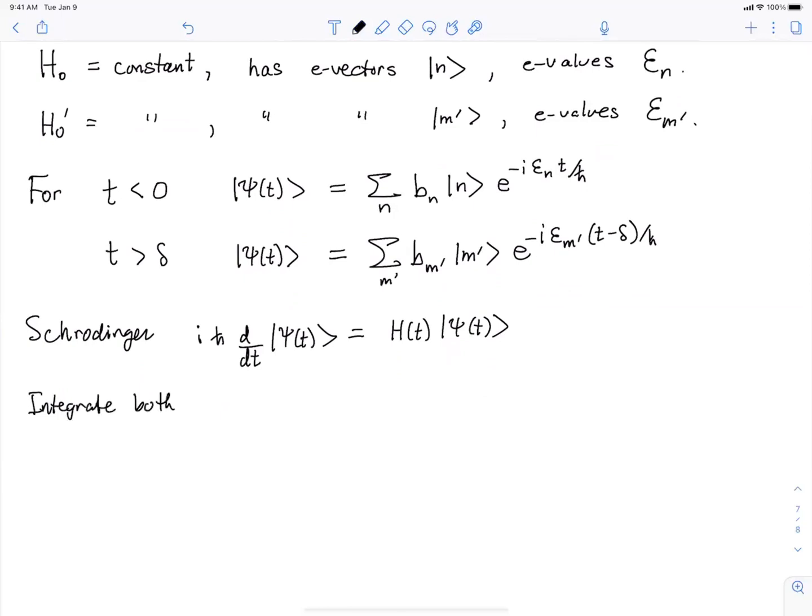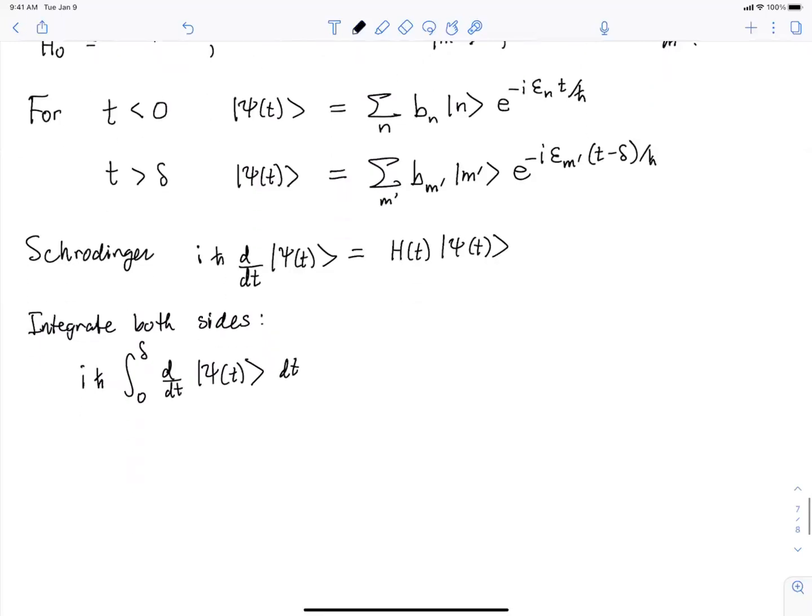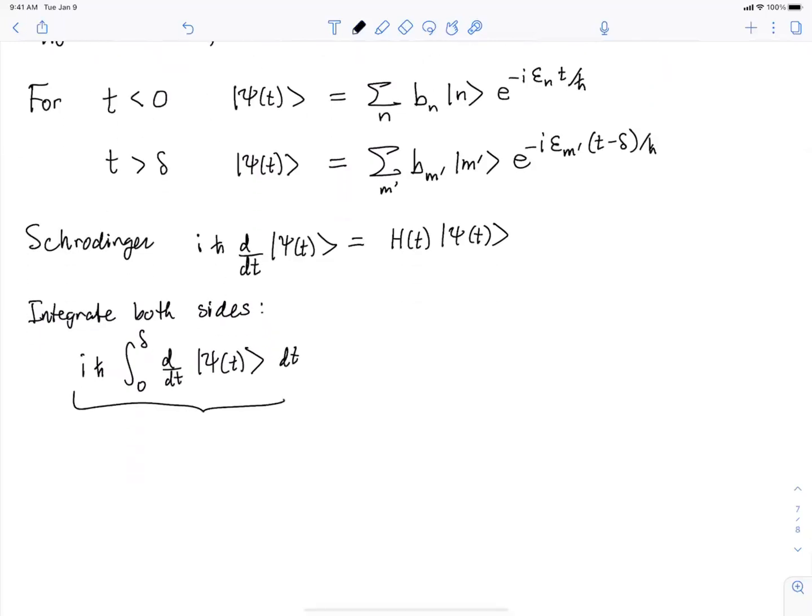If we integrate both sides, then on the left side it's nice because we can apply the fundamental theorem of calculus. That's going to be just i h bar times the state at time delta minus the state at time 0.